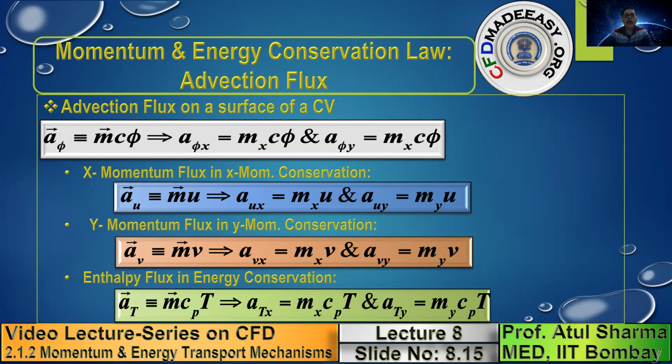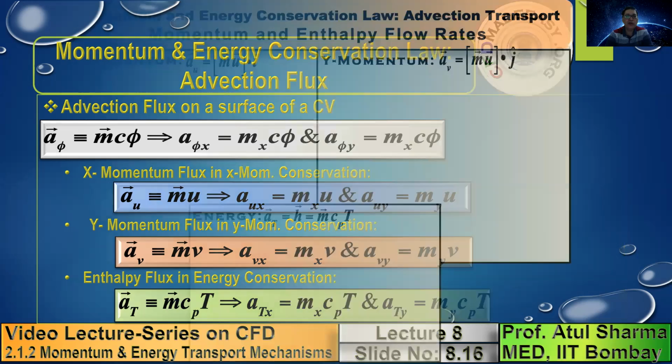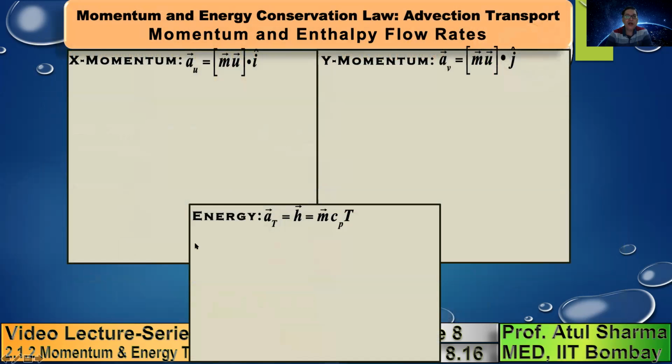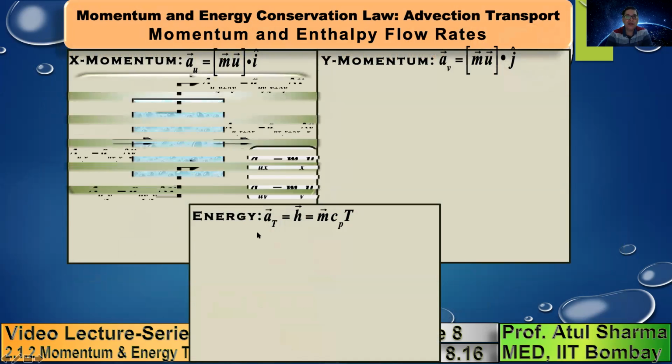So I'm showing you a generic representation of the momentum flux and enthalpy flux as an advection flux. After presenting the momentum flow rate, the enthalpy flow rate, and the momentum flux and enthalpy flux, let us move to showing all these fluxes together for x momentum, y momentum, and energy conservation.